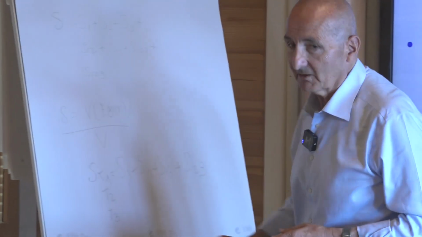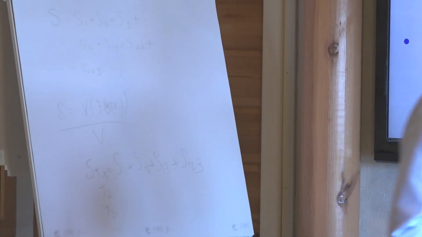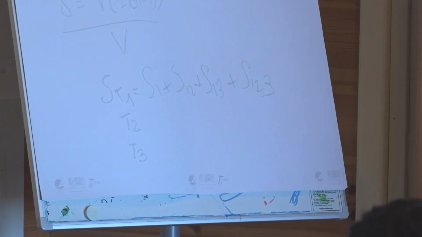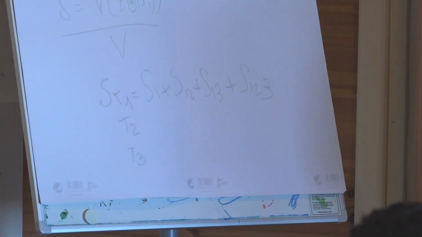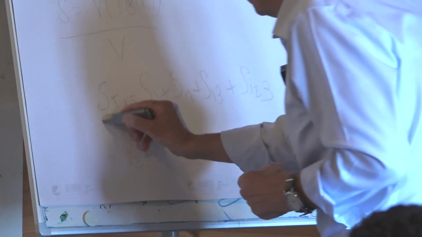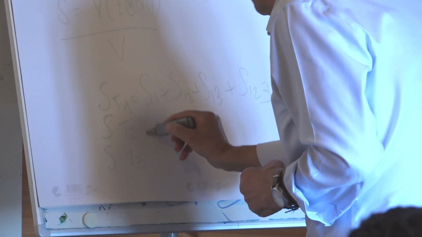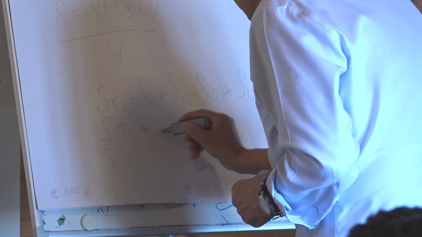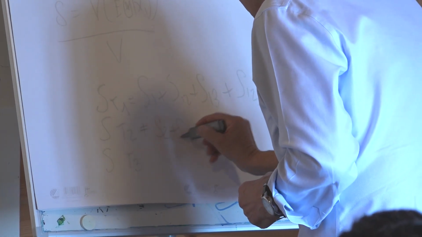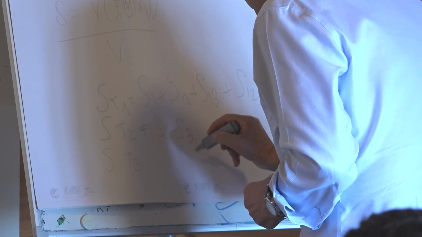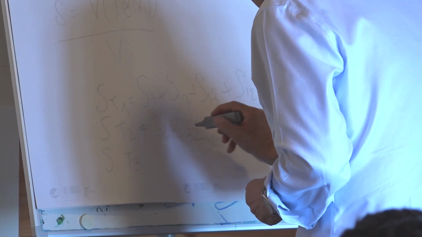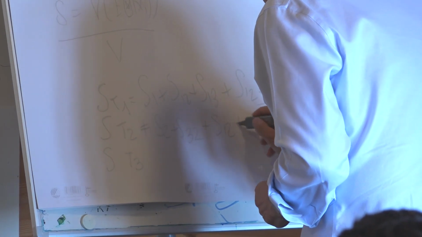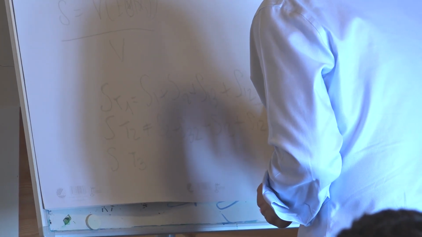What is the shortcoming of this approach? So ST2 clearly is equal to S2 plus S12 plus S23 plus S123.